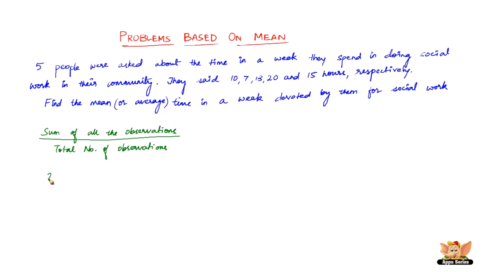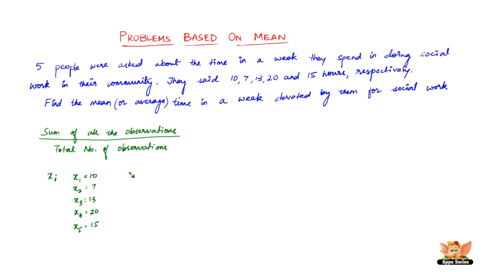If I take all values, then x1 will be equal to the first value, that is 10, x2 will be equal to the second value, that is 7, and so on. So we have x1 equal to 10, x2 equal to 7, x3 equal to 13, x4 equal to 20, and x5 equal to 15.